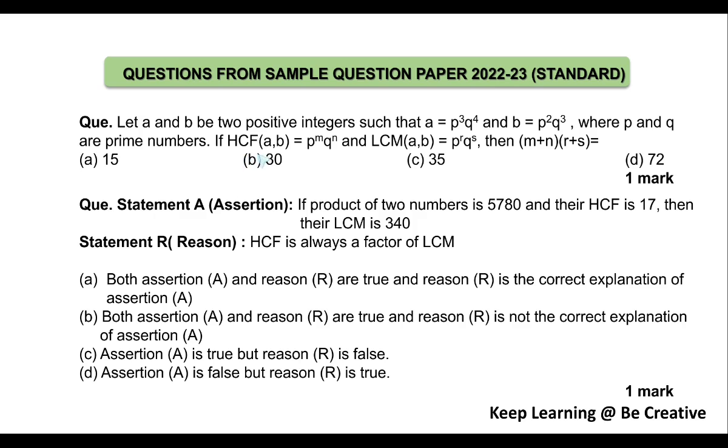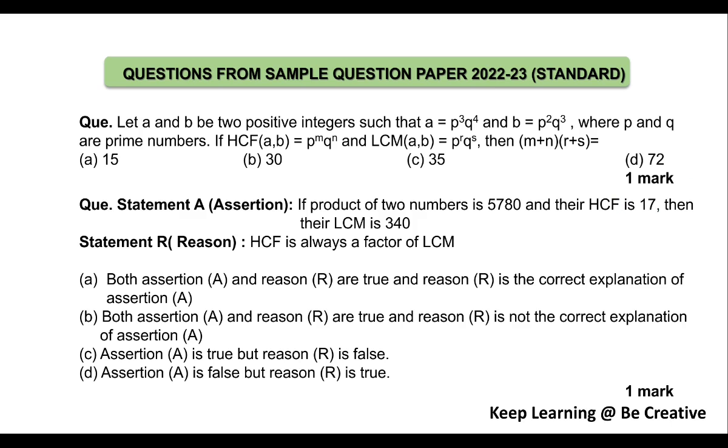Here HCF of a and b is equal to p raised to power m q raised to power n, and LCM of a and b is equal to p raised to power r q raised to power s. Then you need to find the value of m plus n multiplied by the value of r plus s. This question was again based on finding HCF and LCM using the prime factorization method, and this was of 1 mark.